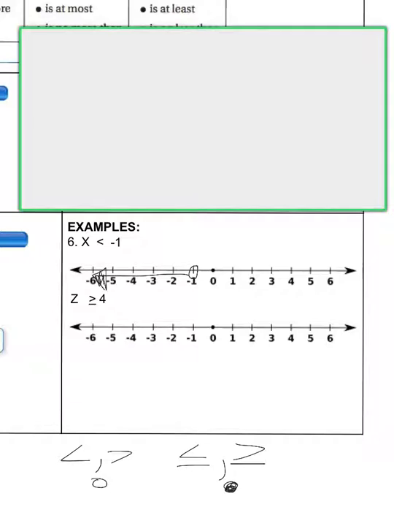Okay, let's try the next one. I have z is greater than or equal to 4. So my starting point is 4. I go to 4 right here and I check my symbol. It is greater than or equal to, which is a closed circle. So I'm going to put a closed circle on 4.